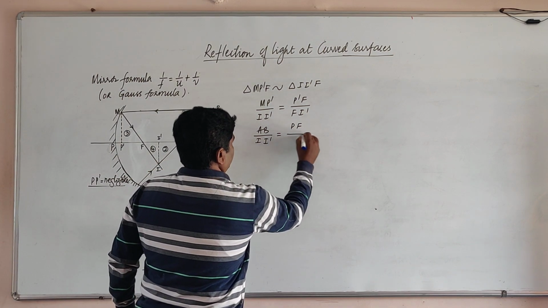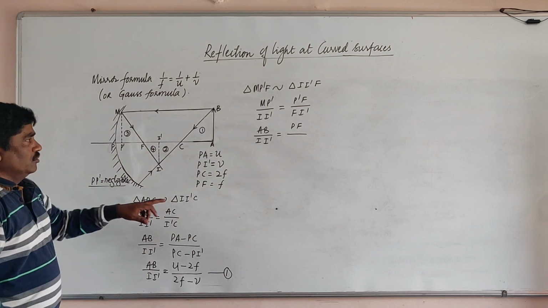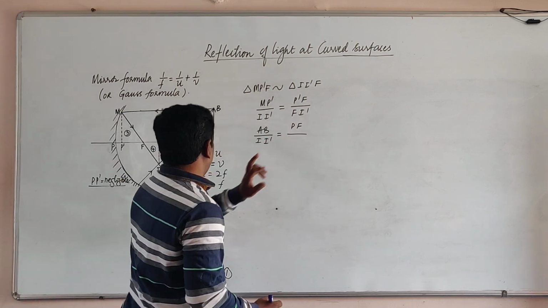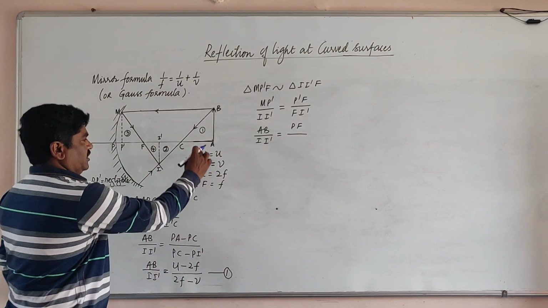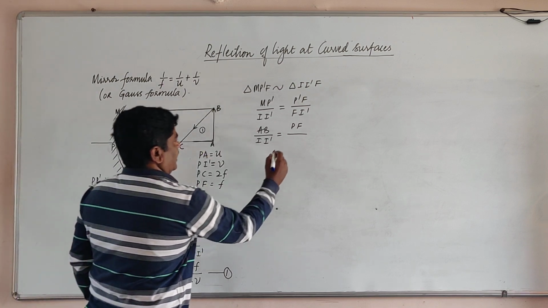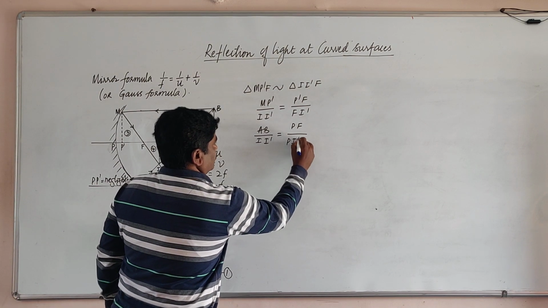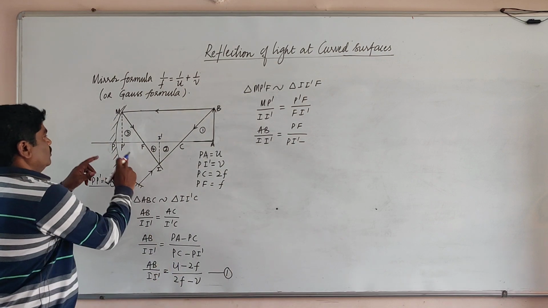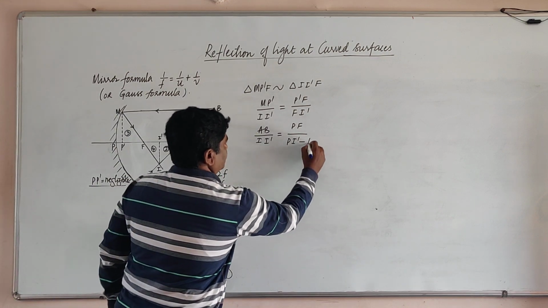So PF by, now the notation FI dash is not given in this one, therefore PI dash minus PF.